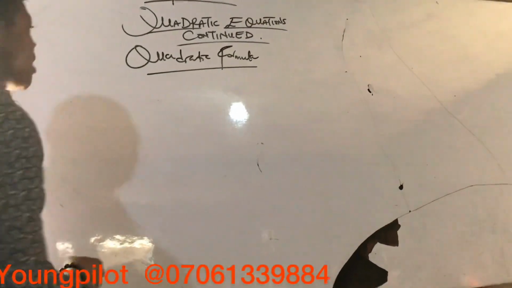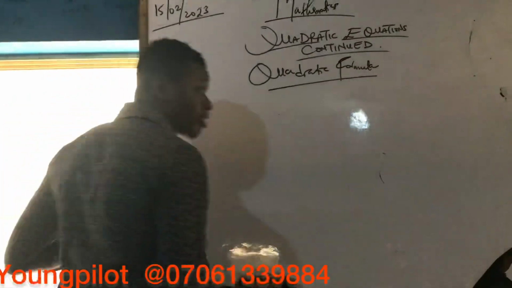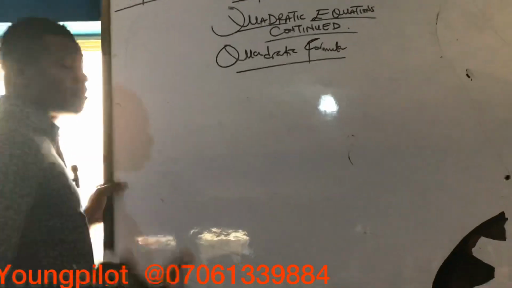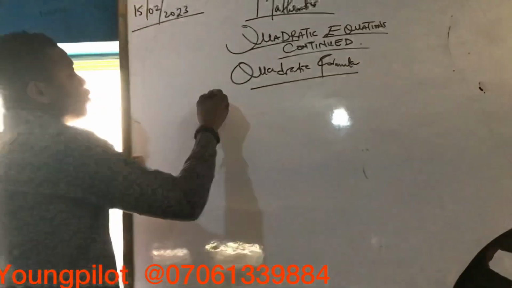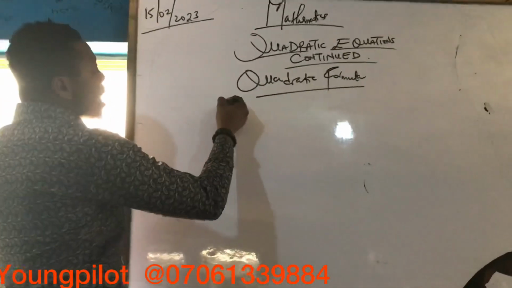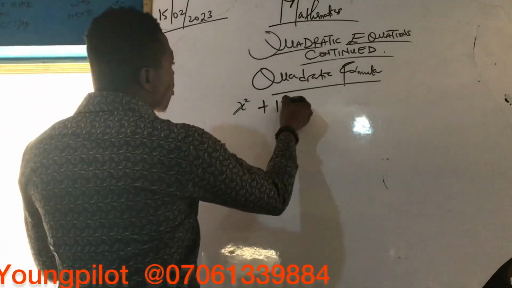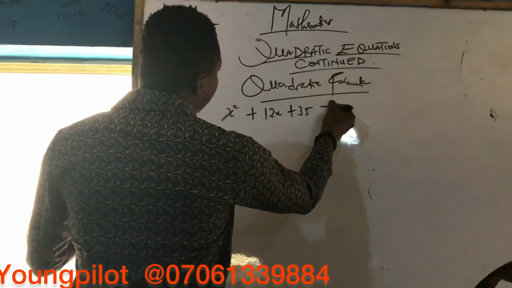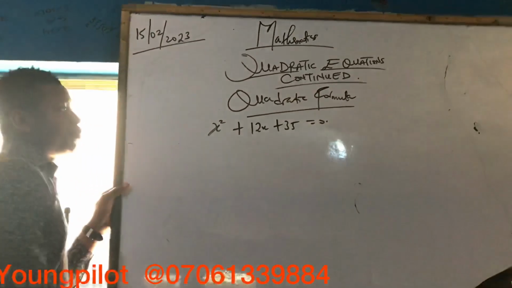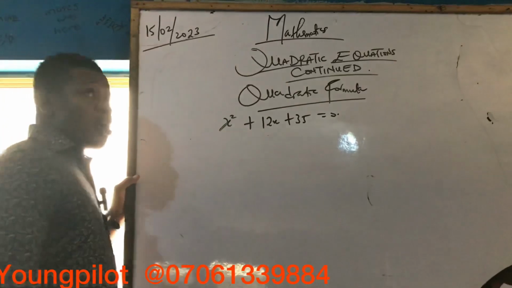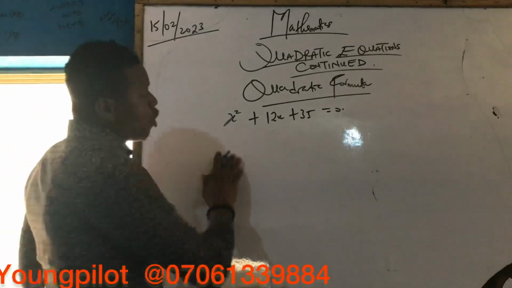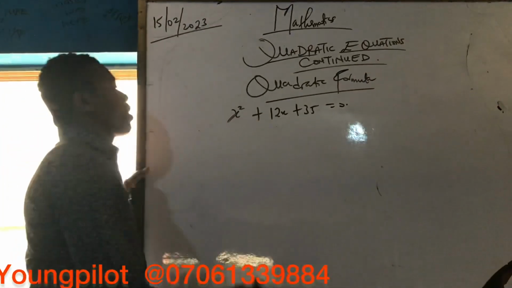Let's apply the quadratic formula to that question to see if we get minus 5 and minus 7. So using this formula, we have to solve for x squared plus 12x plus 35 equals 0. The first thing is to get out your a, b, and c.